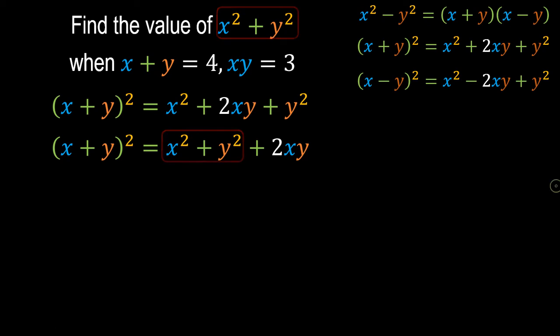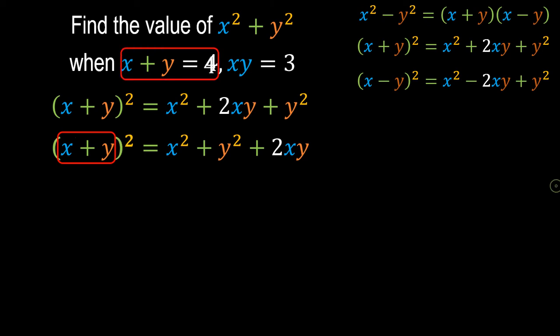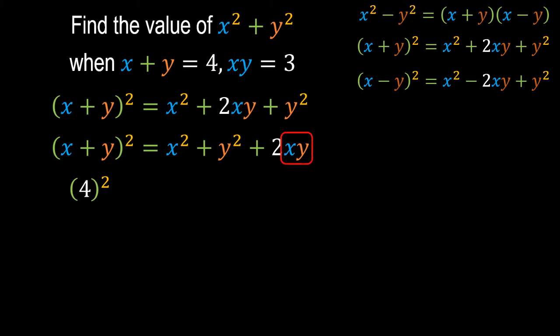So now let's start putting in values, starting with x plus y, which is given as 4. So putting in 4. Next, we put in the value of xy, because it was also given in the question, equals 3. So putting in 2 times 3.